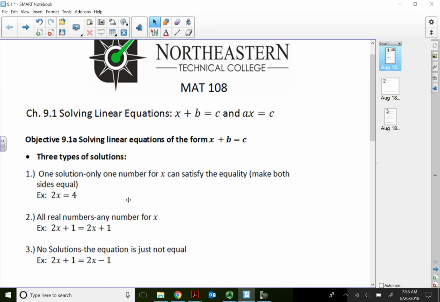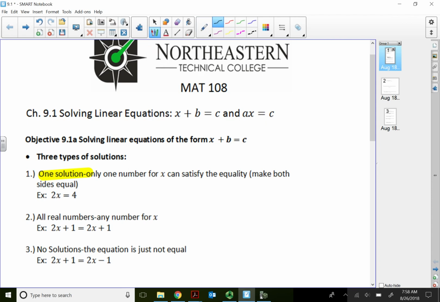When we're solving linear equations, sometimes we can have one solution only. That means only one number for x can satisfy the equation. In other words, that solution for x can make both sides equal. For example, 2x equal to 4, most of y'all know x is equal to 2.